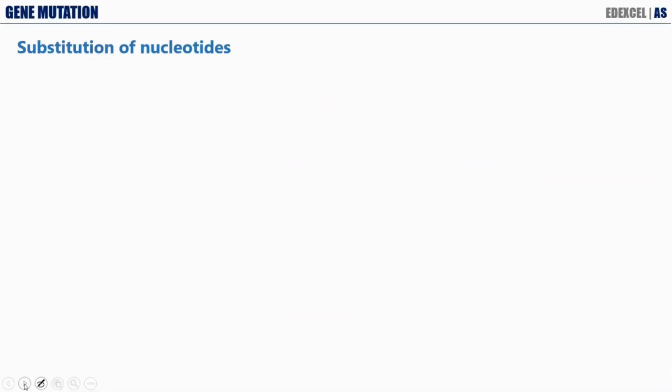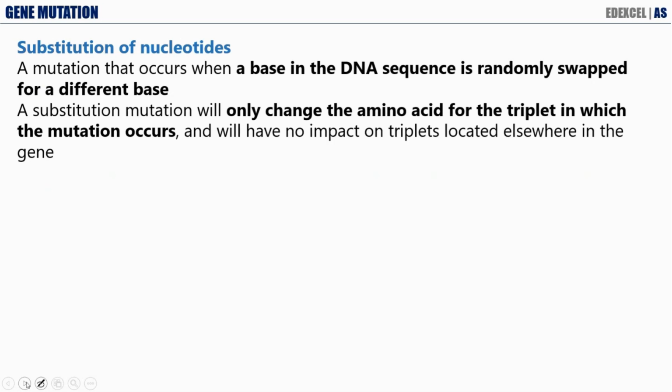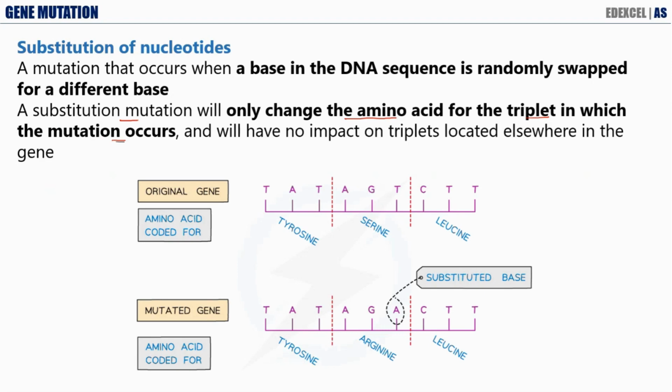So in substitution, we already learned that one nucleotide will be replaced with something else. Whenever such a thing happens, usually the change of amino acid is for that specific codon only. So a substitution mutation will only change the amino acid for the triplet in which the mutation has occurred. There will not be any change in the rest of the amino acids.